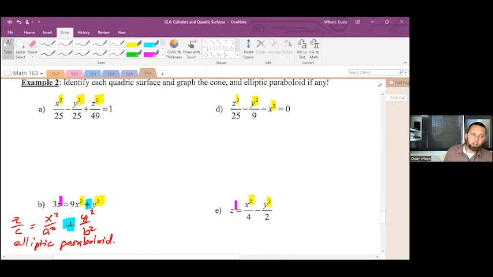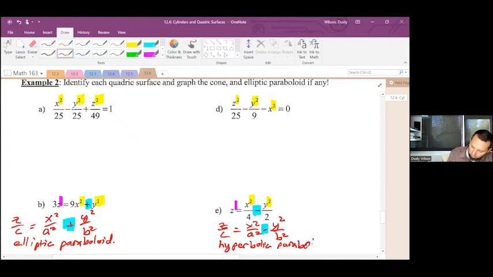By process of elimination, we might expect that E will be the opposite, but just to double check, we're of the form z over c equals x squared over a squared minus y squared over b squared. And again, what I'm focusing in on here is the minus sign, and that tells me that I have a hyperbolic paraboloid.